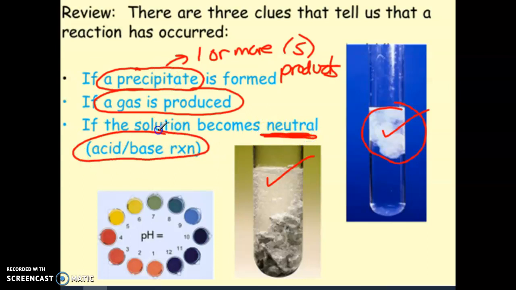Remember, neutralization is where you have an acid reacting with a base, which means that the products end up being neutral, which is a pH of 7. The most common form will be a precipitate, but of course any of these are technically evidence that a chemical reaction has happened.